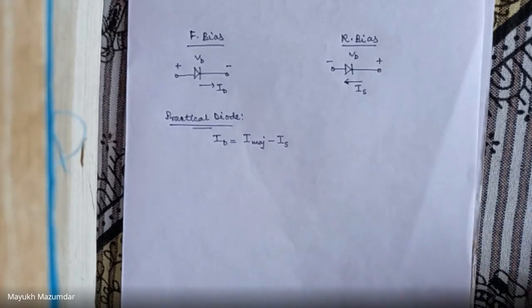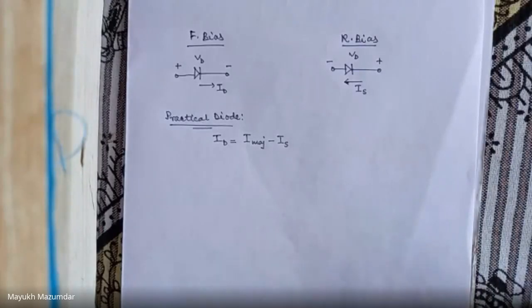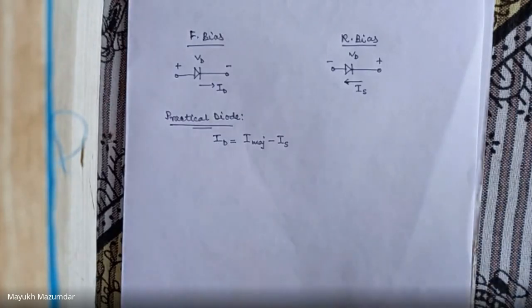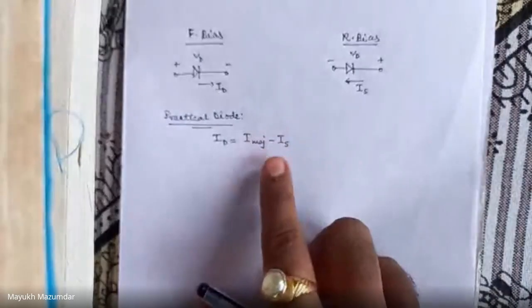That flow is due to minority carriers, but that is not zero. We may be dealing with $1 billion, but we have $1,000. We can't say $1,000 is equal to $0. At the end, it won't count, it won't hamper much, but it does have some effect. Maybe very negligible. And the irony is that this thing in the lab cannot be measured properly.